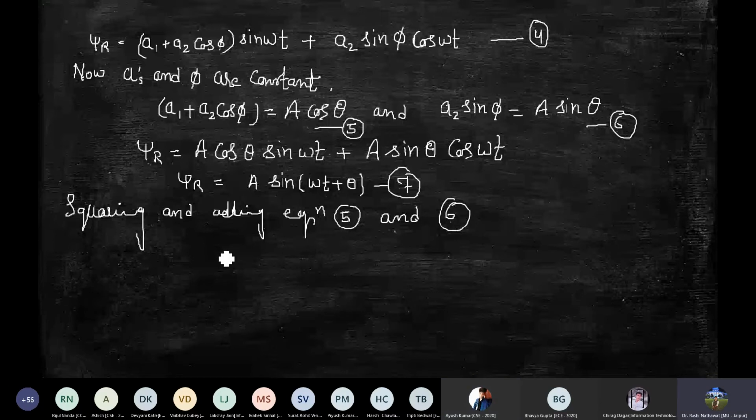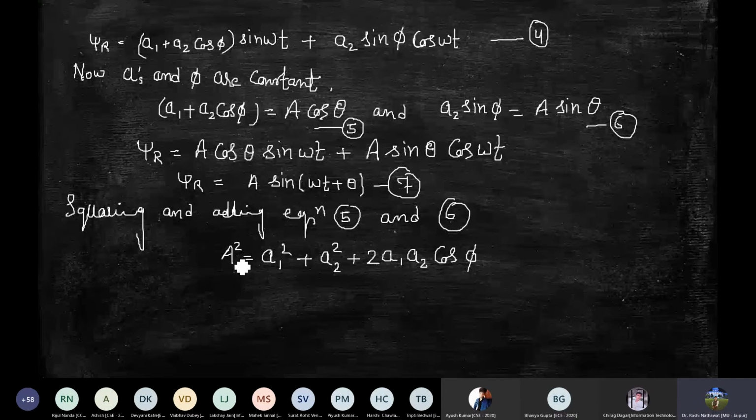So this will have A square equals A1 square plus A2 square plus 2 A1 A2 cos phi. It's very simple. Those who have not done it, you can just square both of the quantities and add them. And we know this A is the amplitude, and A is in the form of a square.